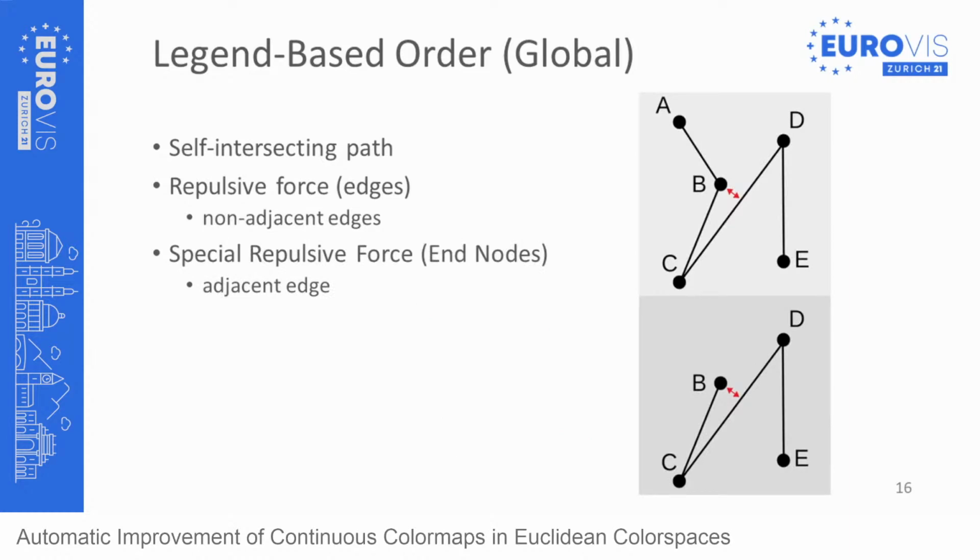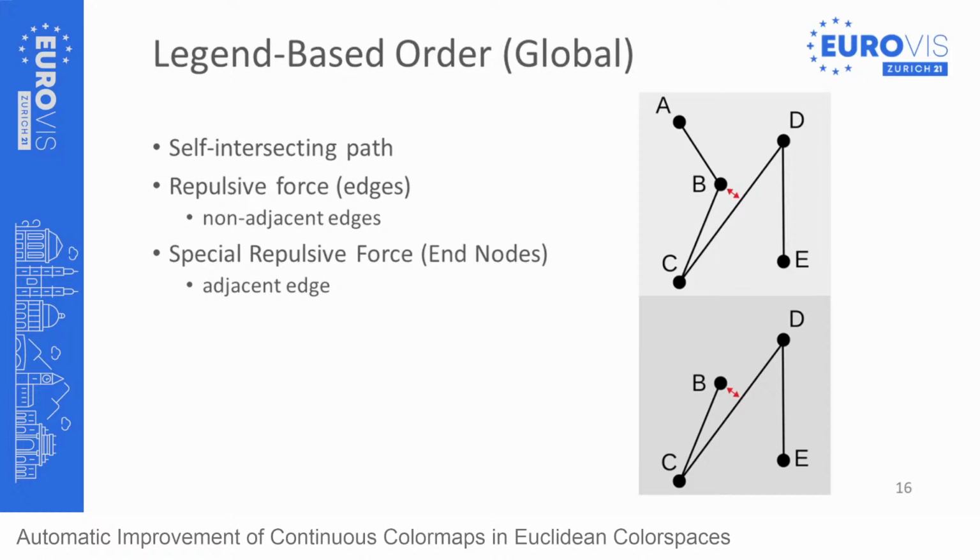This new repulsive force has a little problem. If you take a look at the right image, you can see 2 examples. On both, the node B is too close to the edge CD. In the upper example, this is no problem, because the node B is part of the edge AB, which is also not neighbored with the edge CD. Here the new repulsive force will solve the problem.